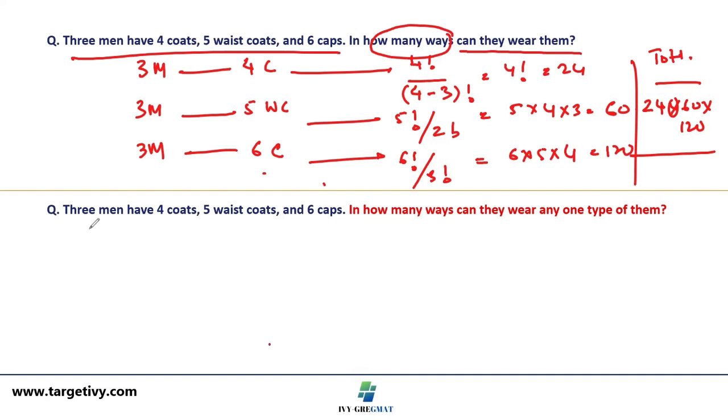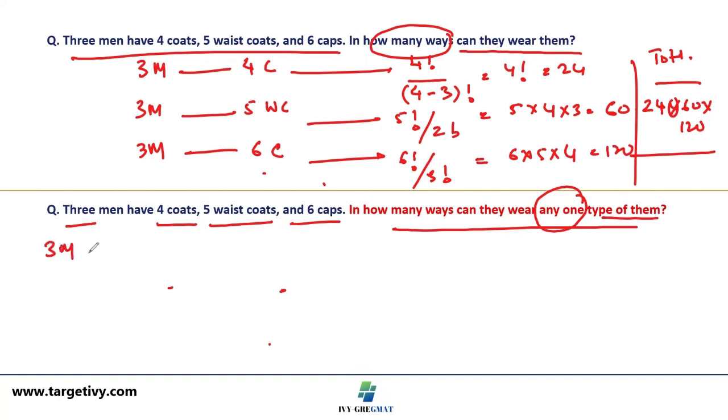That makes it easier. Again, 3 men, 4 coats, 5 waistcoats, and 6 caps. In how many ways can they wear them if they wear any one type of them? There is a twist here. That means the previous thing, 3 men, 4 coats, makes it factorial 4, which is equal to 24.